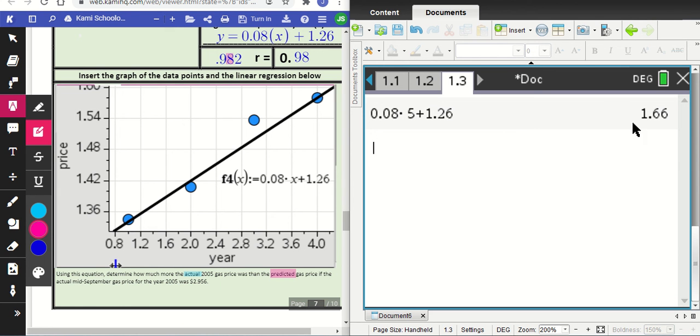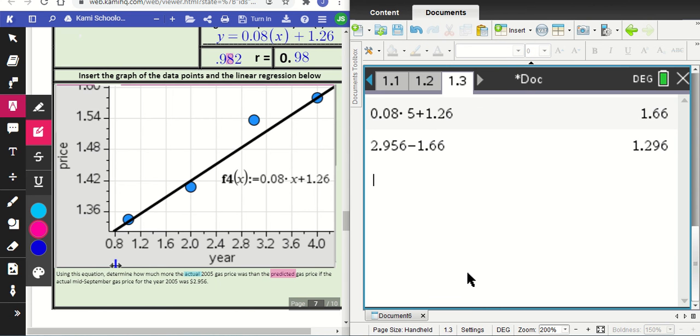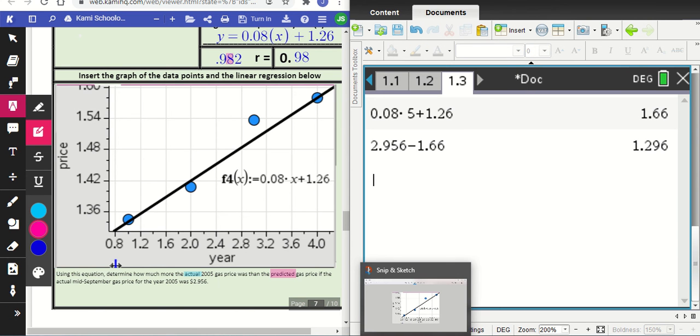I get 1.66, whereas the actual price was 2.956. And that's the difference. That's how much they miss by, because I think gas kind of got really expensive really quick in 2005.